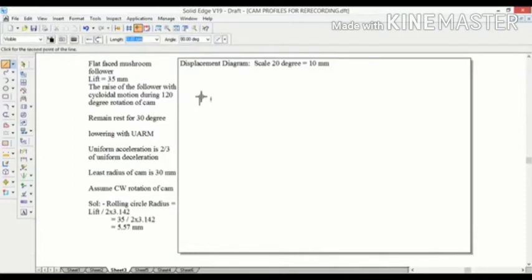Let us draw a 35 mm vertical line, at 90 degree, and the outward stroke is 120 degree rotation of the cam. We have taken the displacement diagram scale as 20 degrees equal to 10 mm. So for 120 degree we will get 6 centimeters.